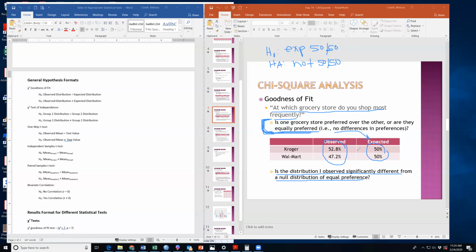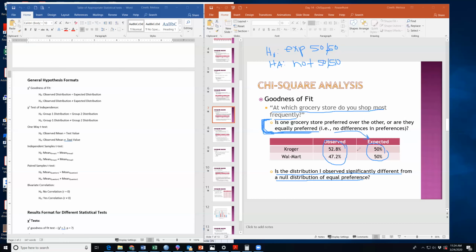To find out, we have to go back to SPSS. Let's erase all of this. All right, so we're going to go back to SPSS. And we're going to do another chi-square goodness of fit test. All right, non-parametric tests, legacy dialogues, chi-square.